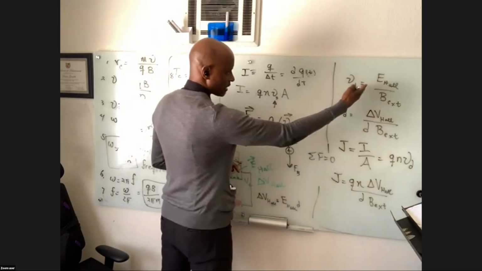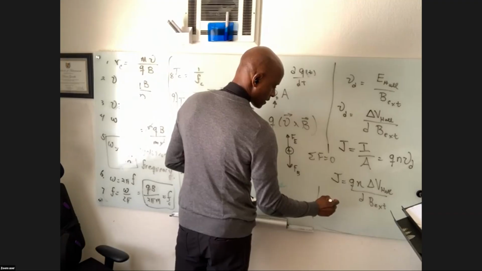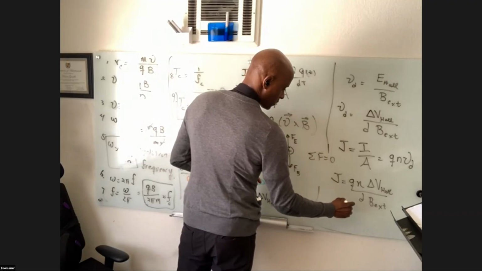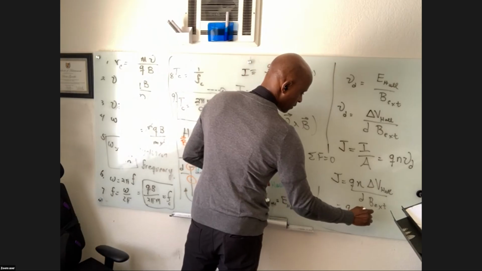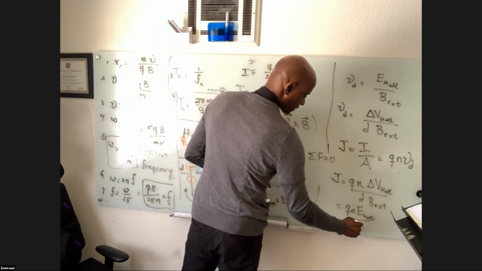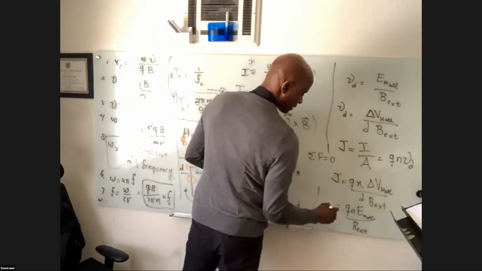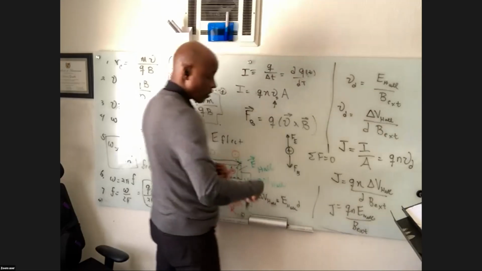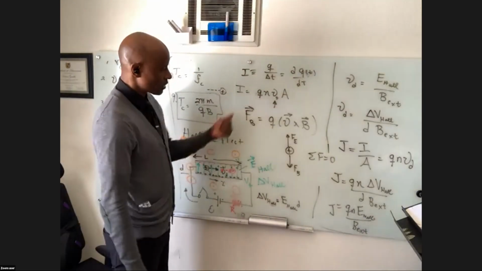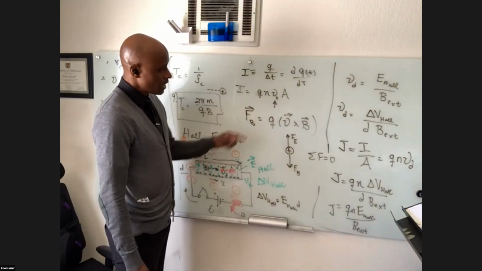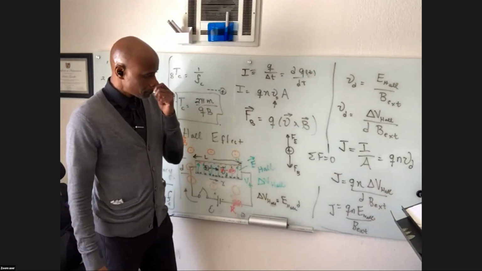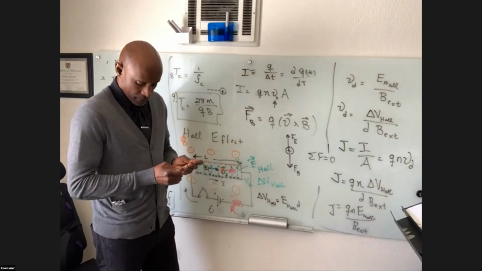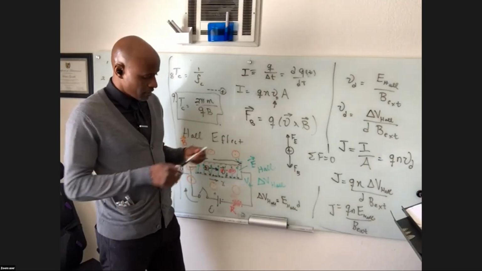Or I could put it in as field, and say that's also equal to Q times N times the Hall field over the external magnetic field, which is the current density. Or I could multiply through by A and just call it current. Anyway, I think that's enough of that.